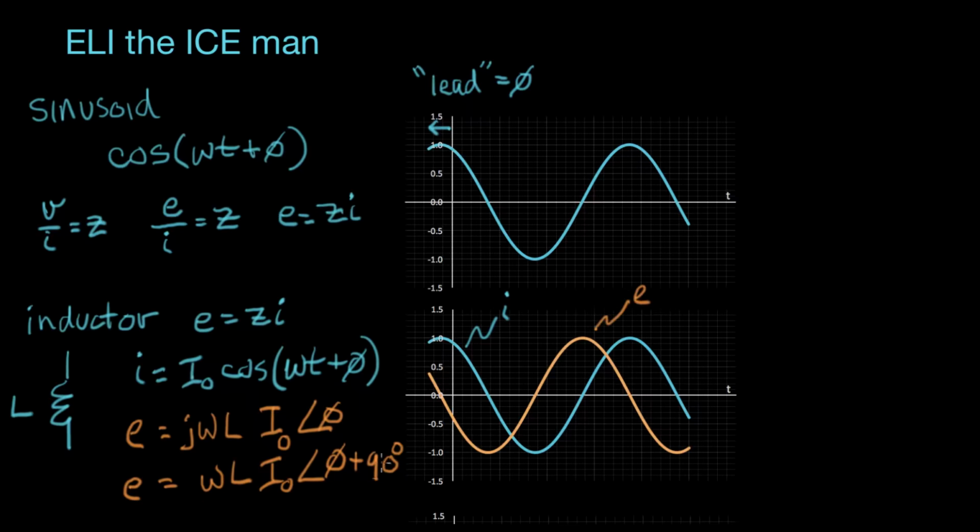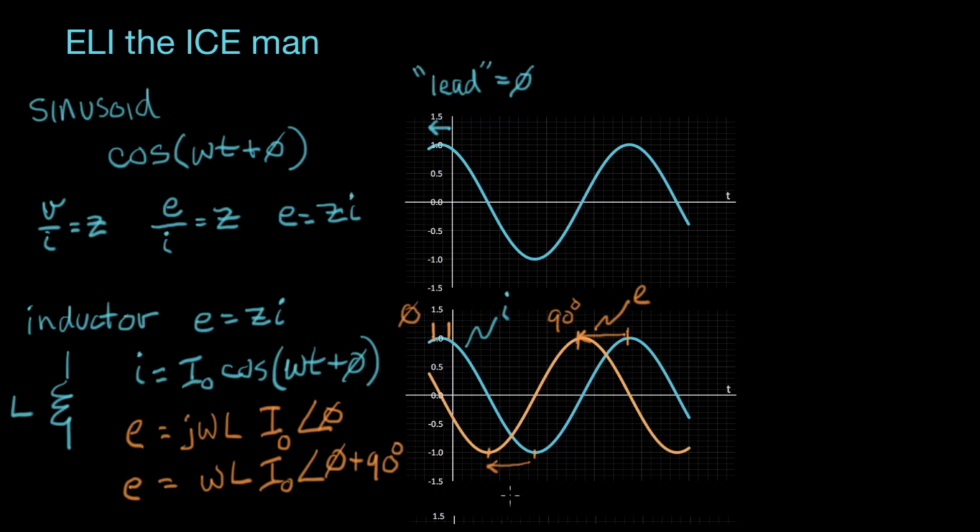And the phase shift, this distance right here is phi. And this distance right here is a phase lead of 90 degrees. And you'll notice I key off the peaks of these waveforms because that's the easiest place to see the lead.